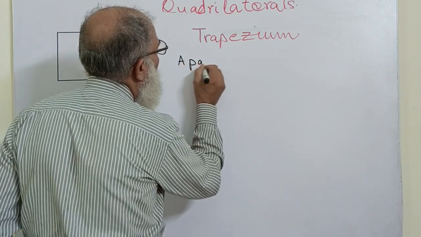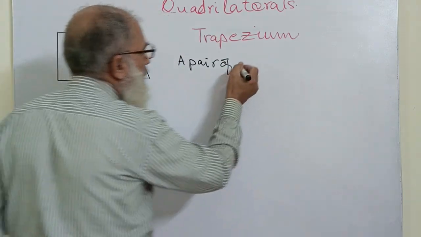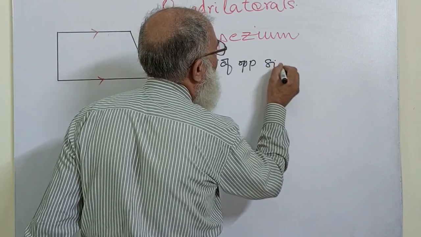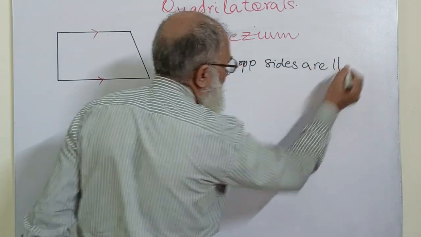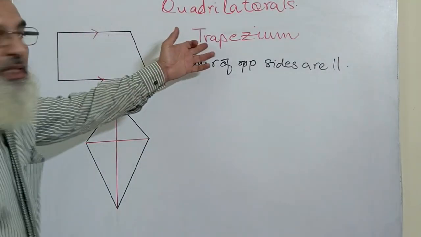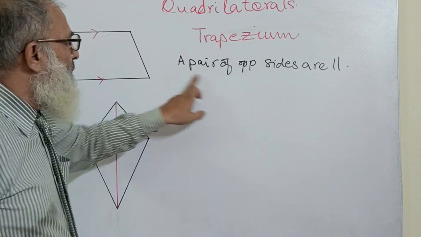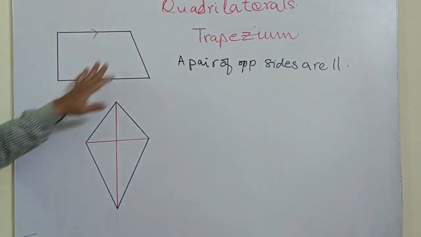A pair of opposite sides are parallel. Now this trapezium exhibits only one property, that a pair of opposite sides are parallel. Now it could have been any shape.